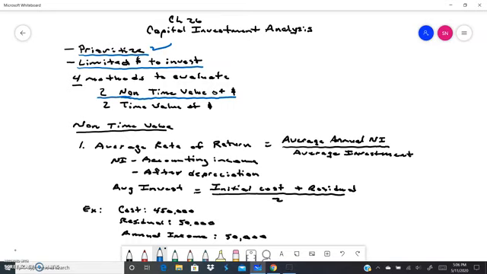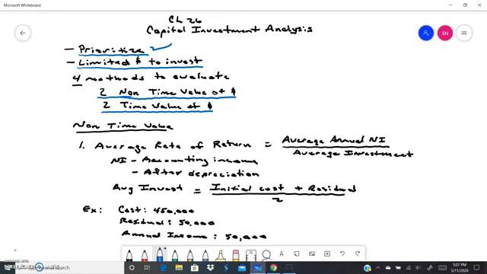And so these are relatively straightforward, quick, easy calculations to be made, really more of a screening type evaluation to determine whether we should go forward with further analysis. The more precise and more accurate and more theoretically correct concepts utilize the time value of money, recognizing that $1 today is worth more than $1 a year from now. And so those are 2 other methods that we'll look at to determine whether and how to evaluate capital projects.